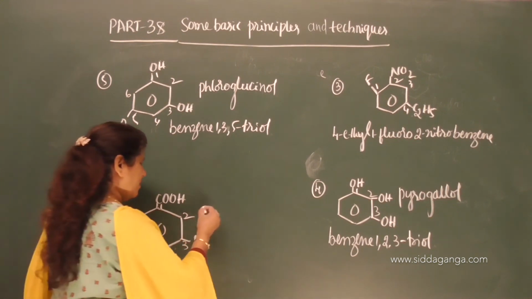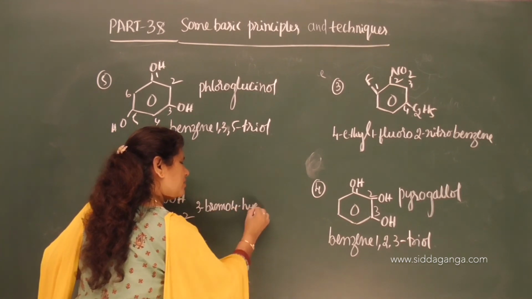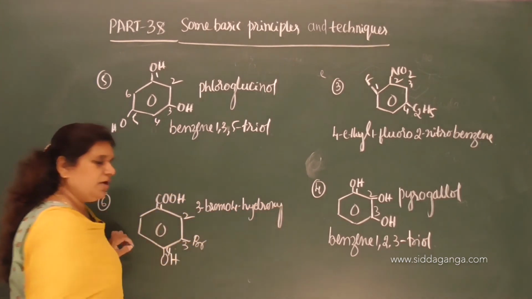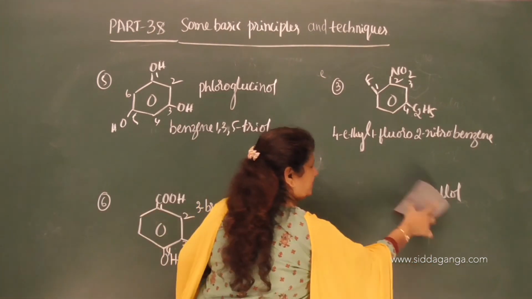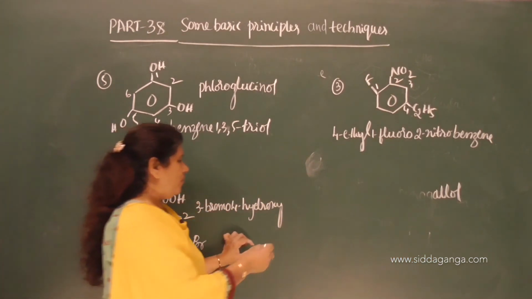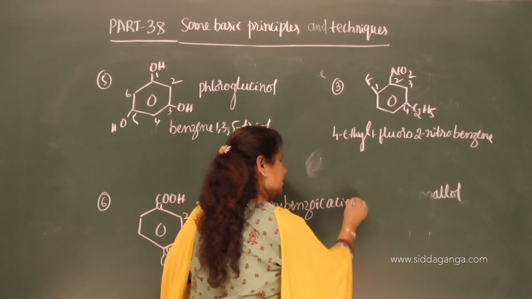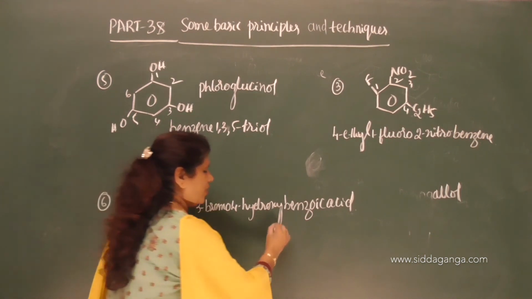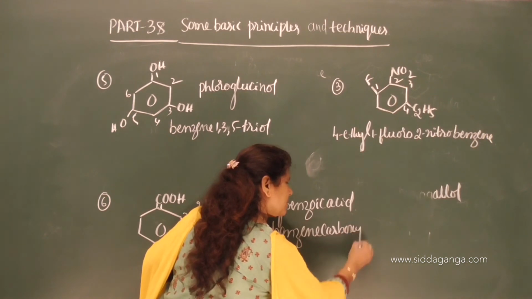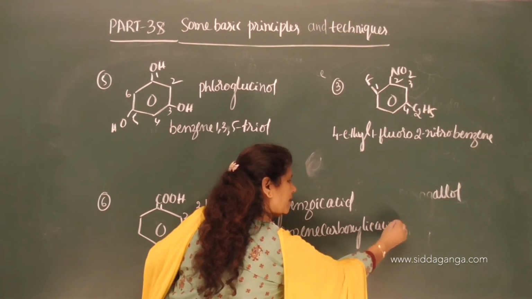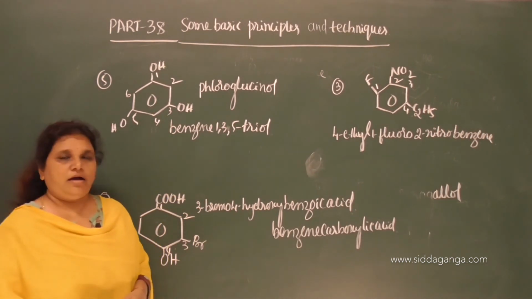Now what is the name? 3-bromo, 4-hydroxy, alphabetical order you have to follow. 3-bromo, 4-hydroxy benzoic acid. Instead of benzoic acid, you can use benzene carboxylic acid as an IUPAC name.